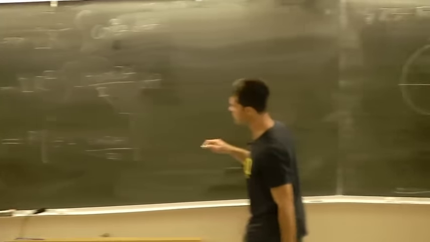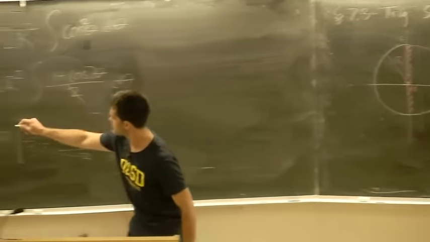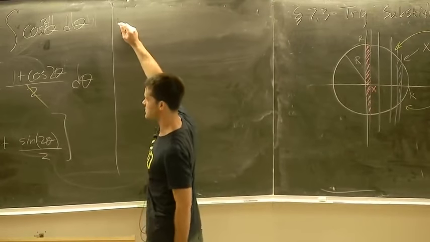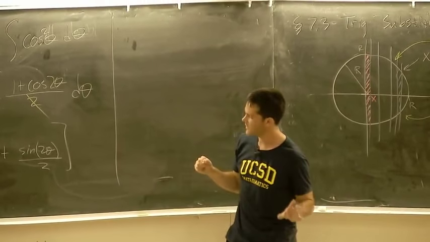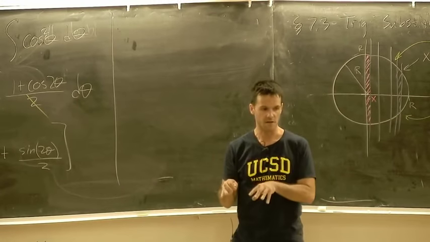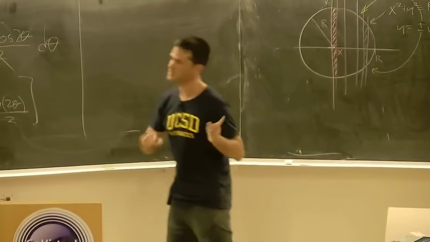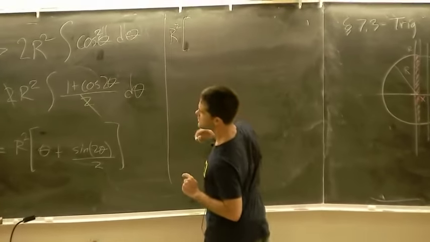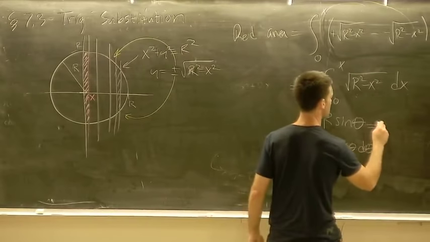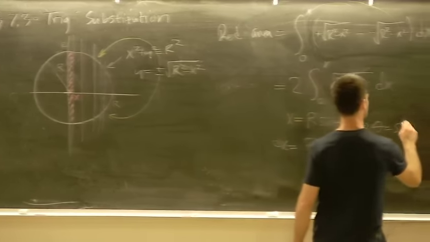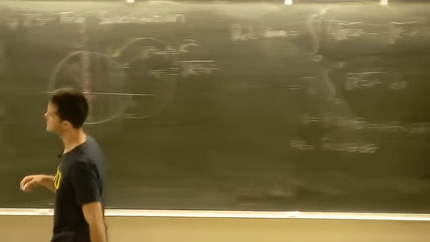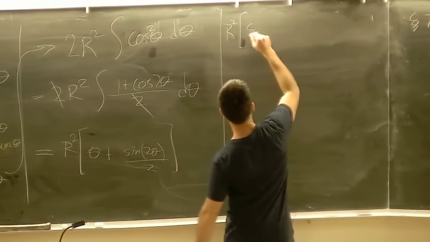Okay, so this is r squared. And what do we get? I have to put everything back in terms of x now. This is a definite integral, right? Here, this part's kind of interesting. Watch this part. According to my substitution, theta is the sine inverse of x over r. So that's what I should replace theta with here.